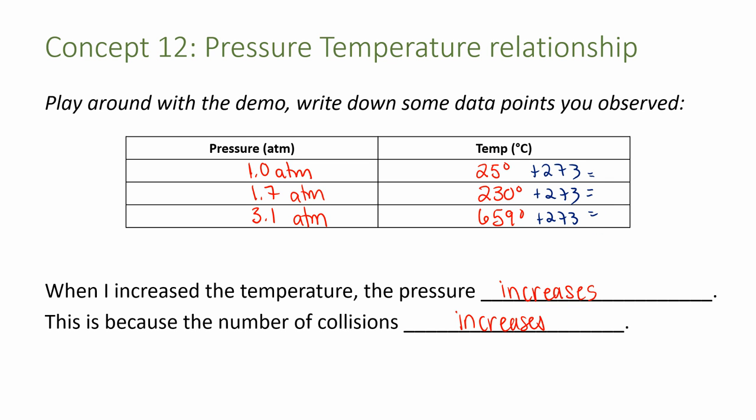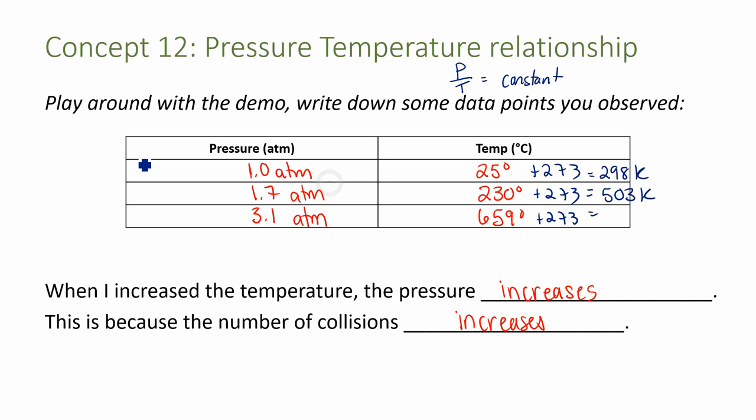And then let's see how our math works here. So this is 298 Kelvin, and this is 503 Kelvin. And it seems to be a direct relationship, so I would expect that the pressure divided by temperature should be constant. So let's check that out.